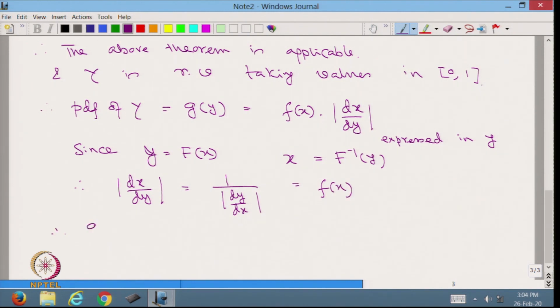Therefore, g y is equal to f x into 1 upon f x is equal to 1. Obviously, we can write this when f x is greater than 0.